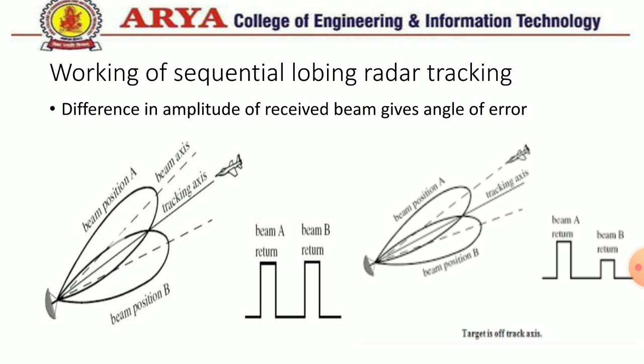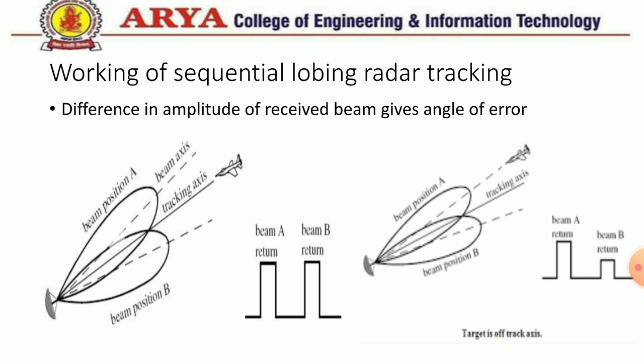Why? The reason is the object is more inclined towards beam axis A, so the received signal by beam A of the antenna at the radar system will be higher than beam B.